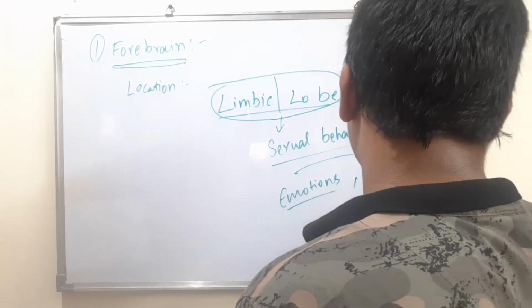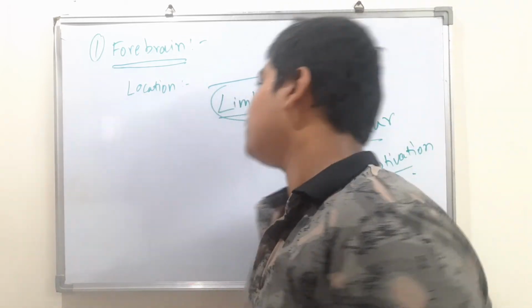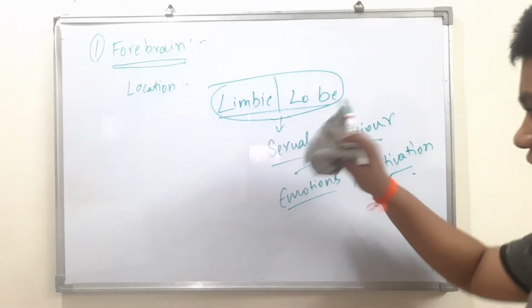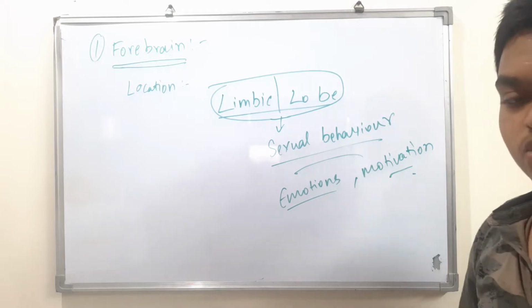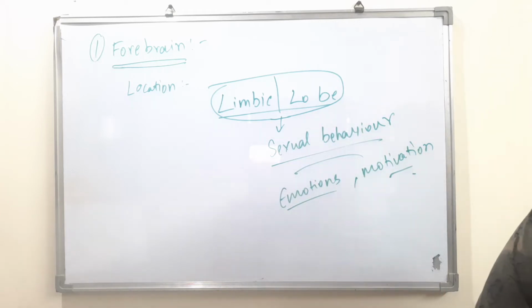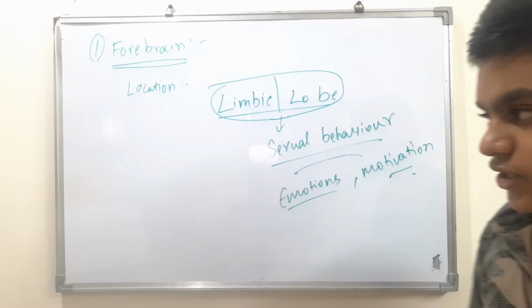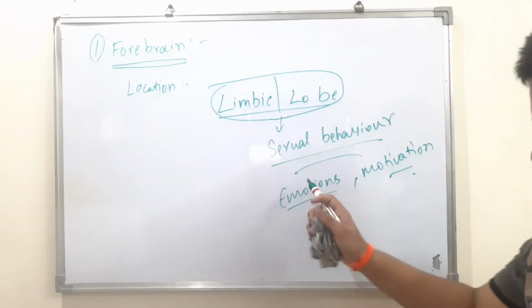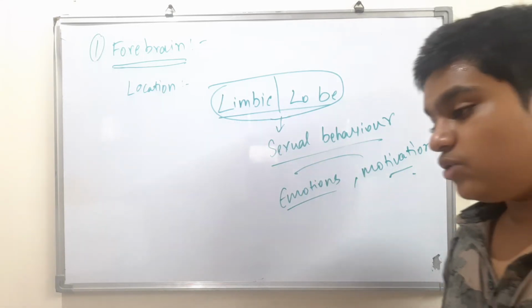Sometimes we get motivated to study, and that is because of this limbic lobe. We include this in the functions of the thalamus only, but in our NCERT it is different, so I am telling you as limbic lobe: sexual behavior, emotions and also motivation.